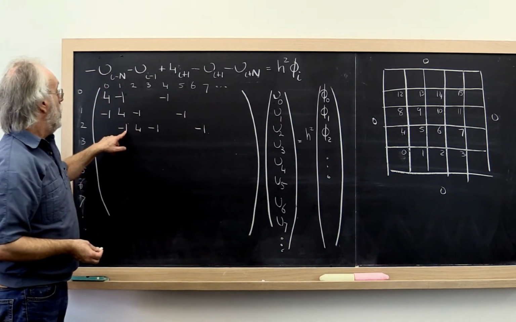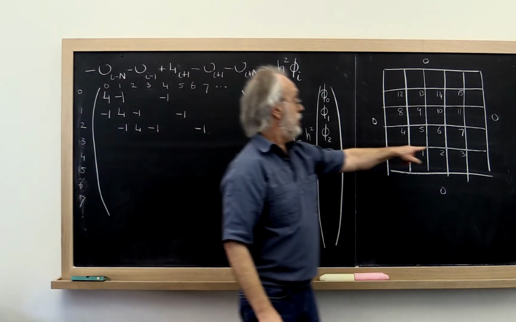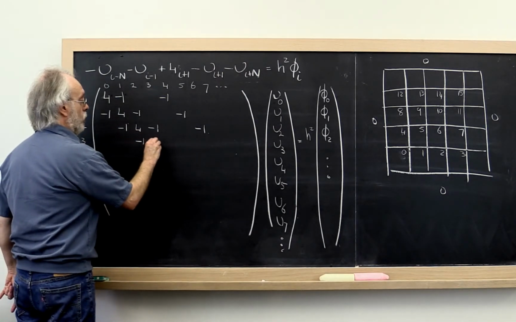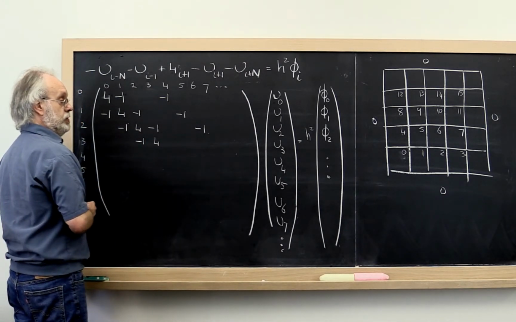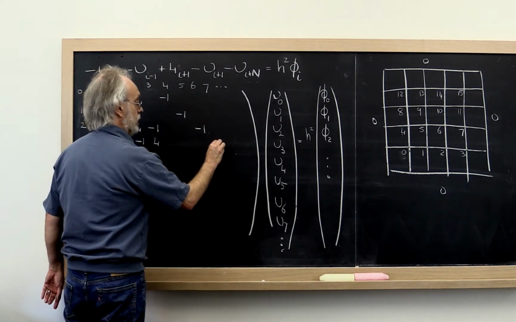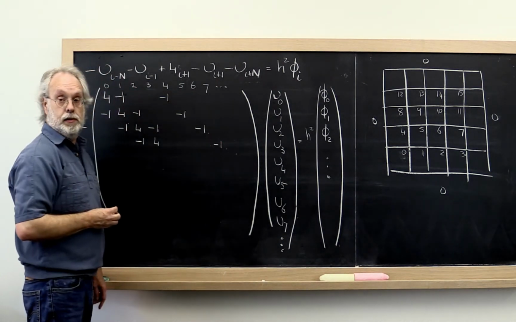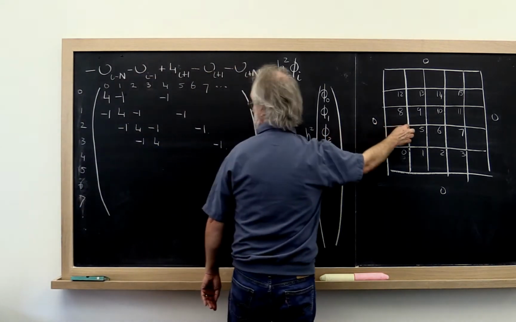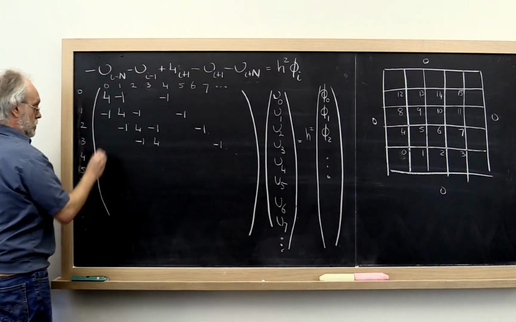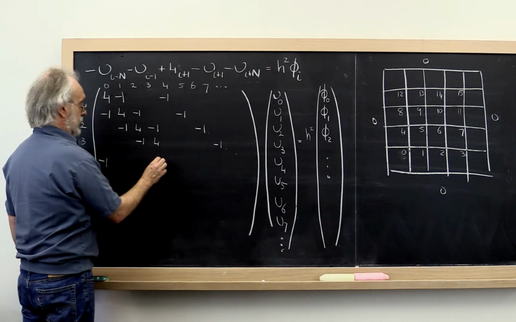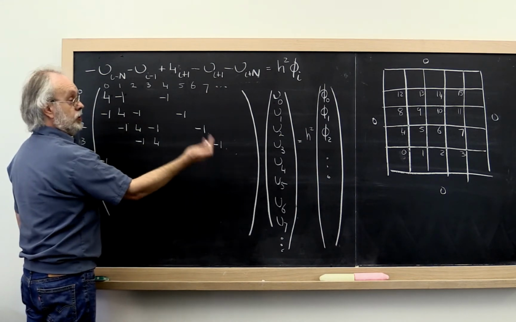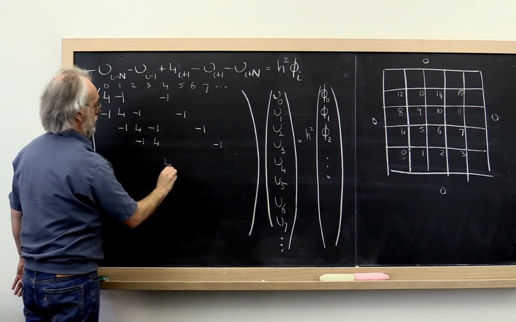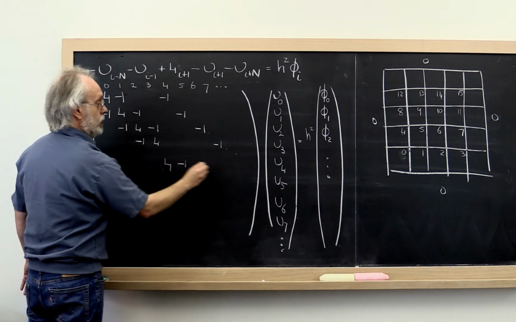And then we end up being on the end, and therefore we get still one more -1 and 4 here, but there is no point to the right, that's equal to 0, but we do have a point above. Then we get to this point right here, and we get another -1 from here. The point to the left is now equal to 0, so this one disappears, but we get a 4, and then another -1 and a -1.